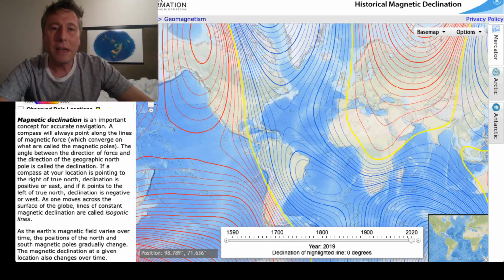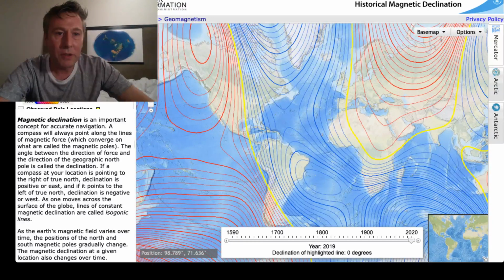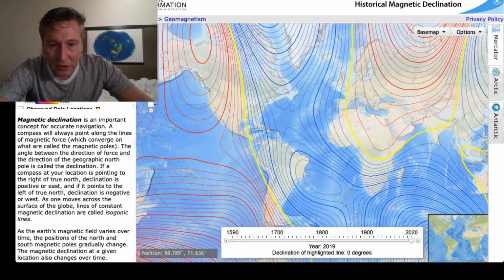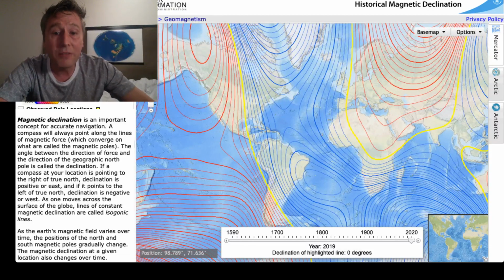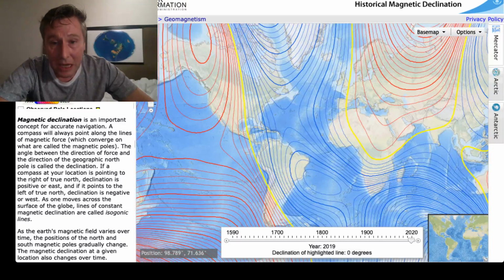I want to bring your attention to the yellow line. There's red lines and blue lines and a yellow line. So let me get to the page. If you look at the very bottom, it tells you that the declination along that line is 0 degrees. This is a magnetic declination map, a map with the various different declinations overlaid.